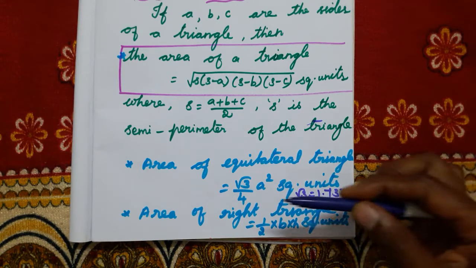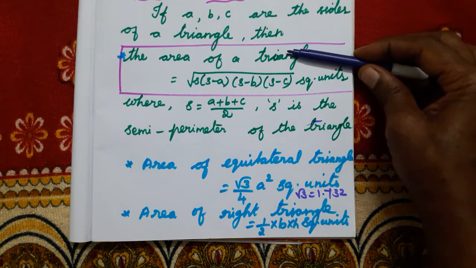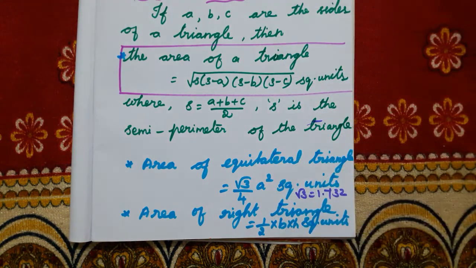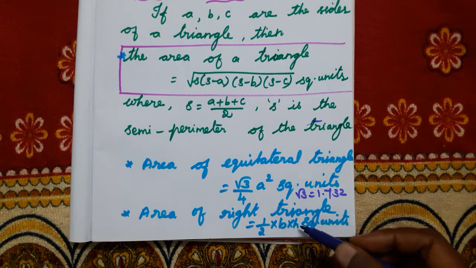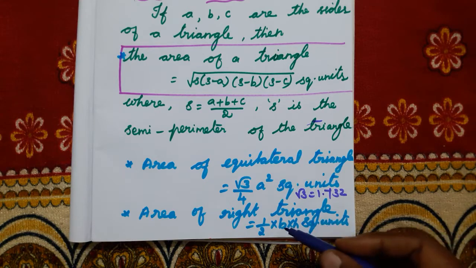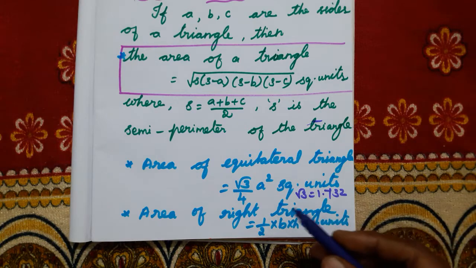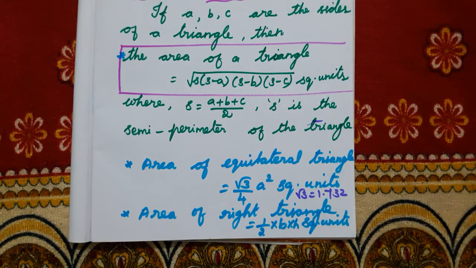Half into base into height, where b is the base and height is the height. Have you all understood this?